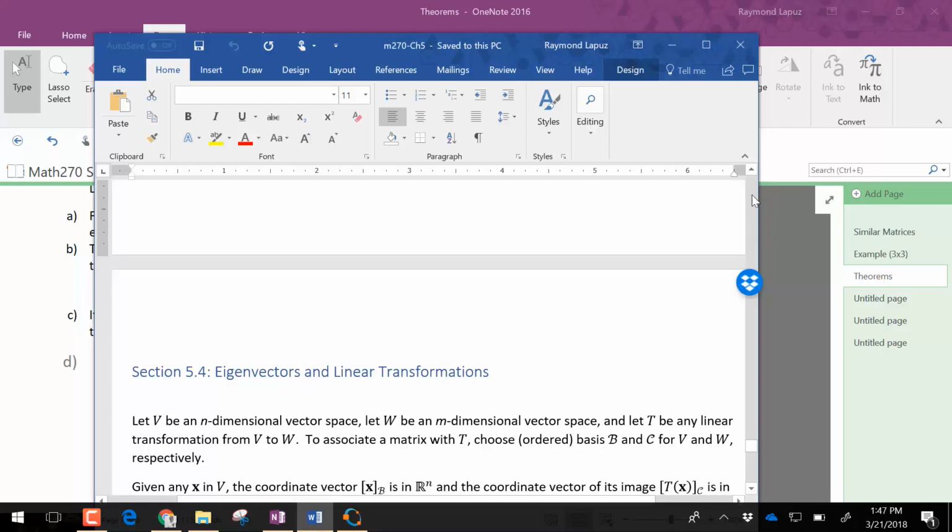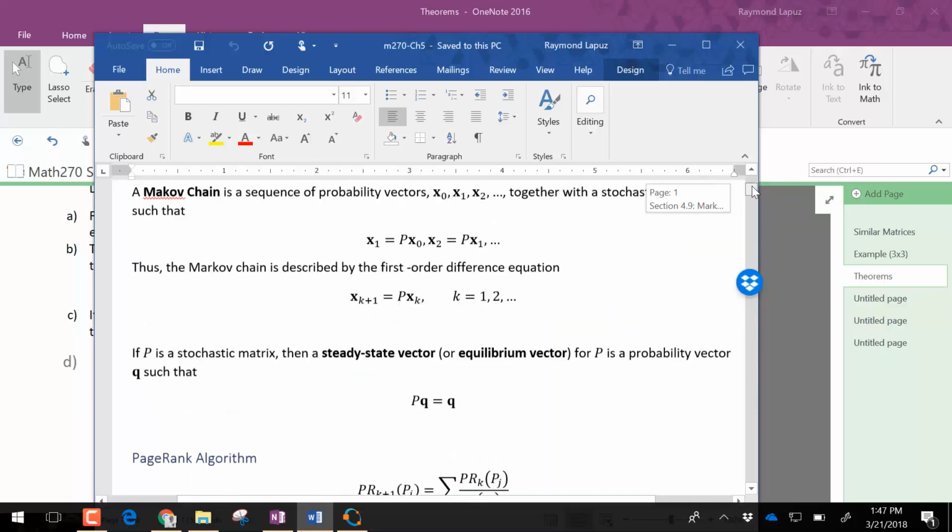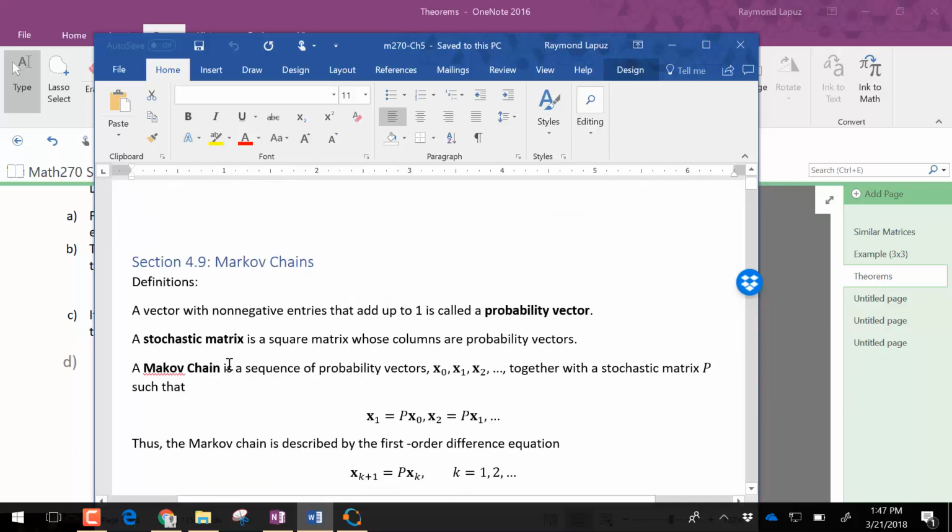I found one that was kind of interesting, but for that we need to backtrack and find some definitions and information from section 4.9. That's one of the sections that we skipped. We don't need everything from there. We just need some of the basics. And let's talk about Markov chains for a little bit.